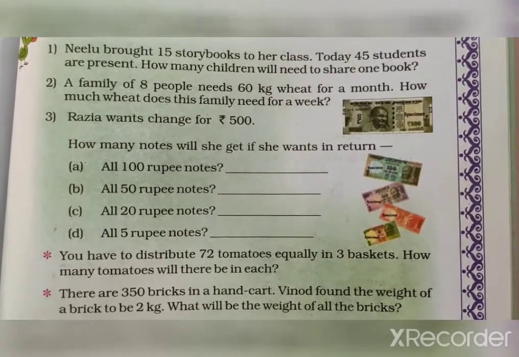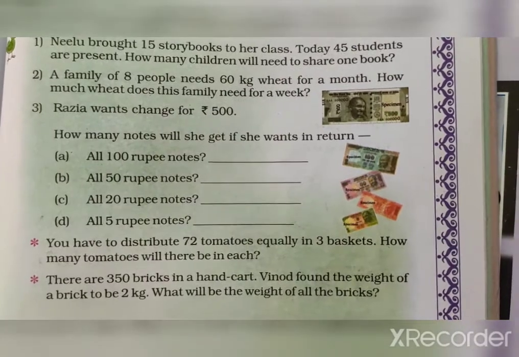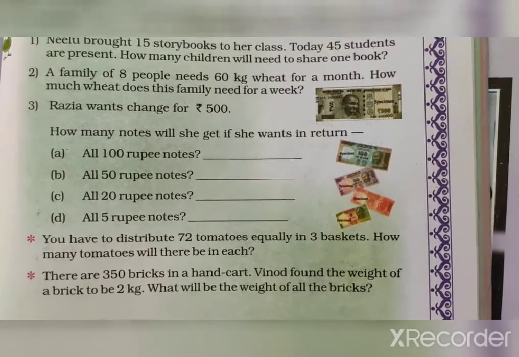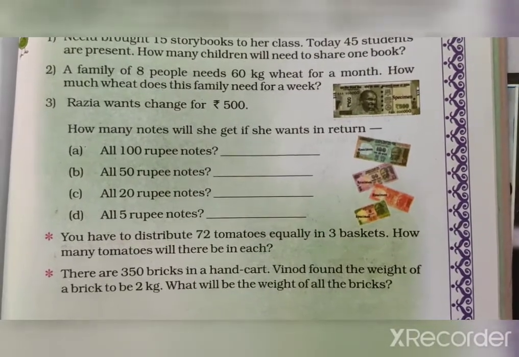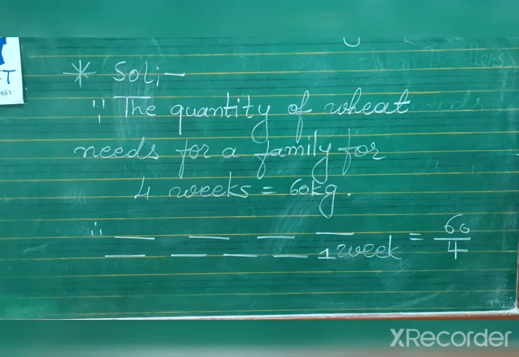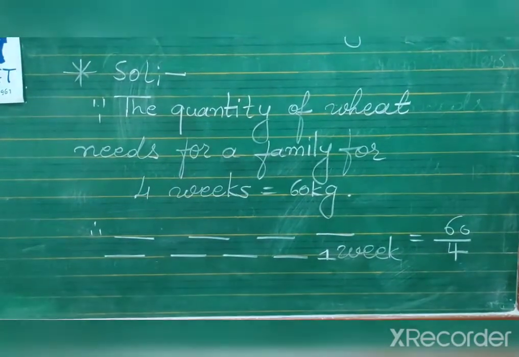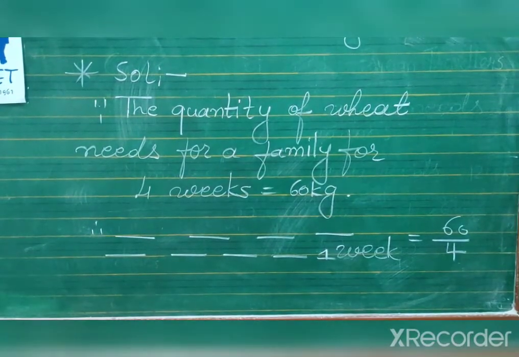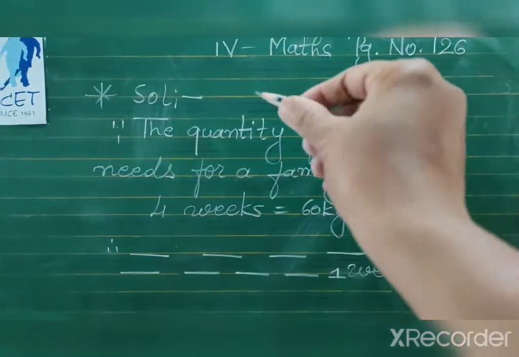So we know 4 weeks form a month. First 4 weeks are given, then we will calculate for 1 week. Now you can see the quantity of wheat a family needs for 4 weeks, because you will write in the statement form on the top of the solution.